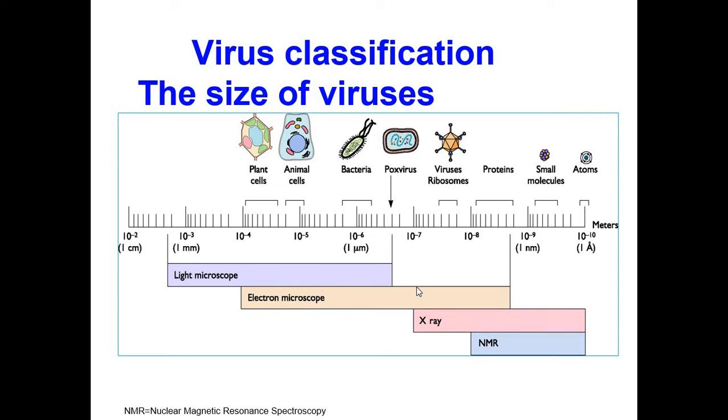Further, below 0.2 micrometer, the electron microscope can be used to see different kinds of viruses.